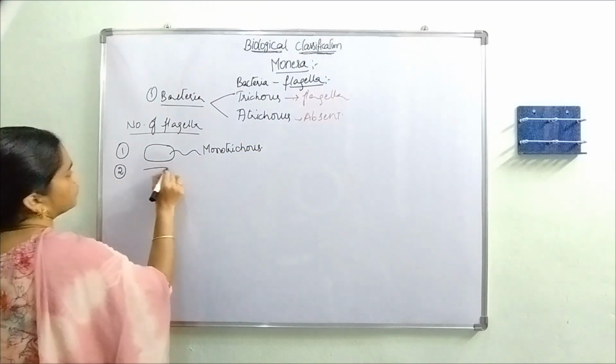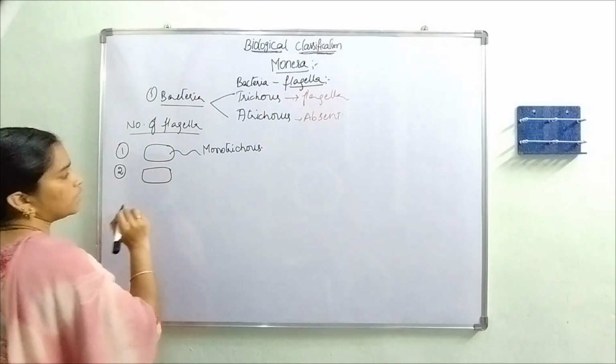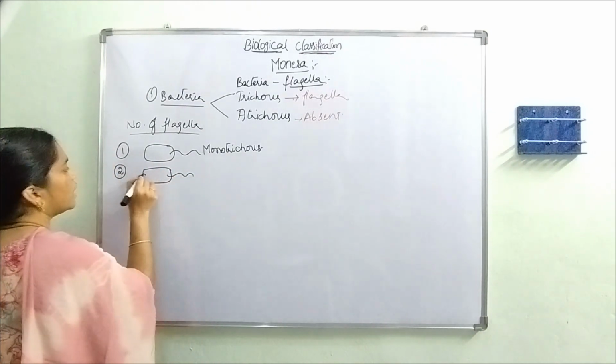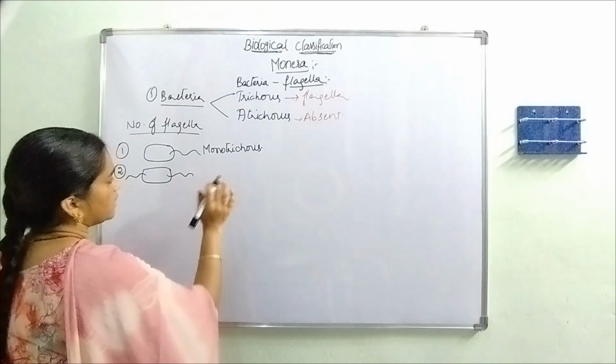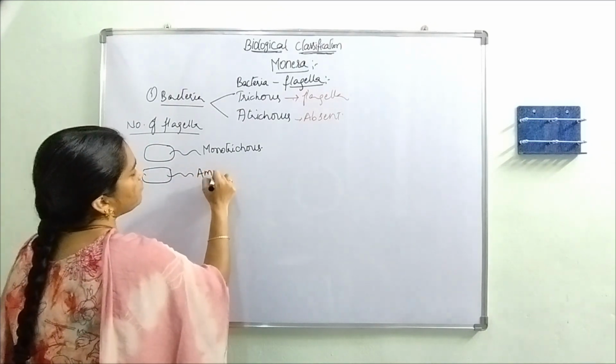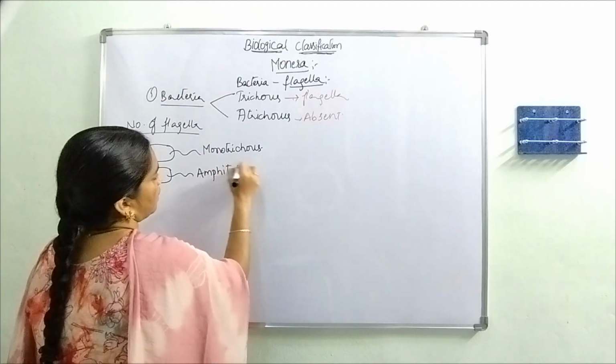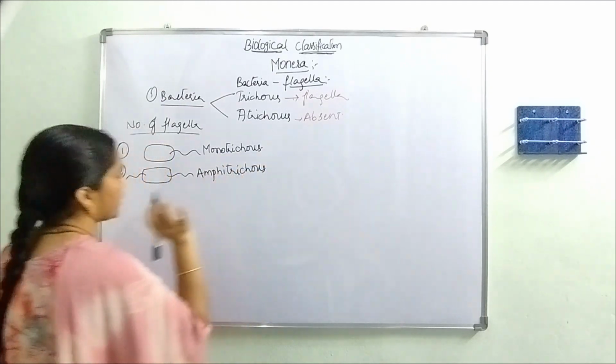Number 2, if there are two flagella which are arranged on both the sides of the bacterial body, then it is called amphitrichous flagella or amphitrichous.